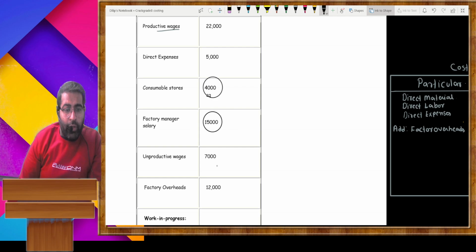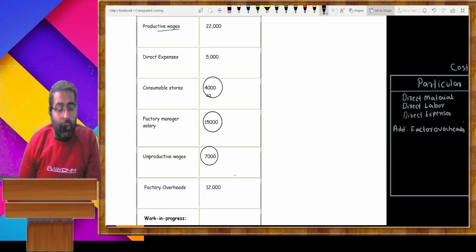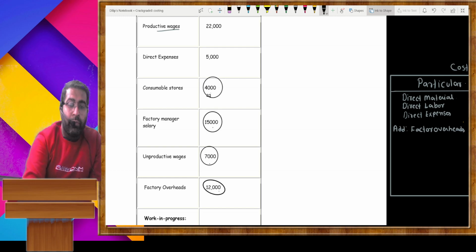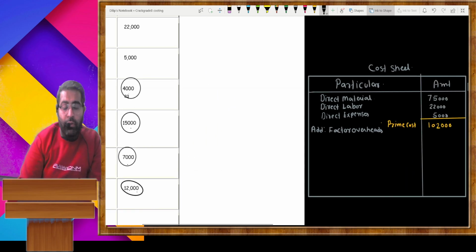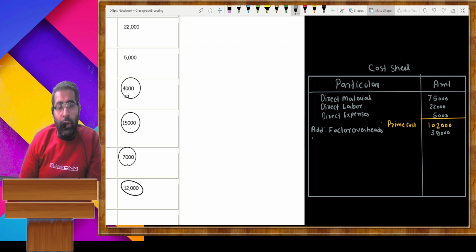Factory manager 15,000. 7,000, it is unproductive wages, it is also part of factory expenses, and 12,000 again given for factory. In the total: 12 and 7 is 19, 19 and 15 is 34, 34 and 4 is 38. So here we write 38,000.